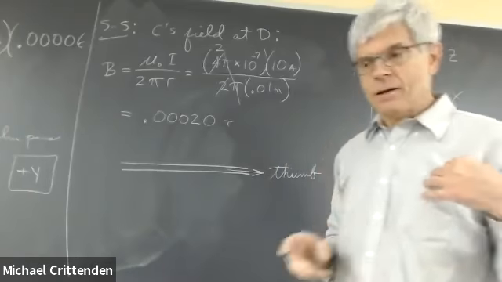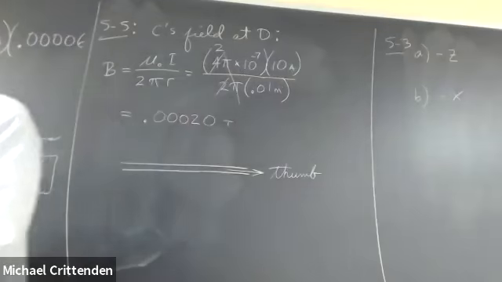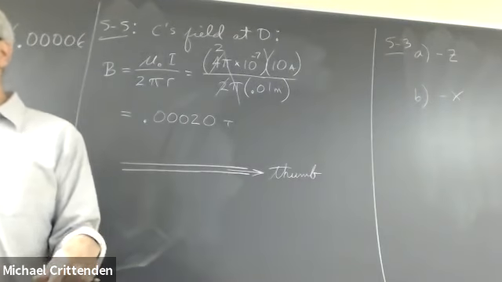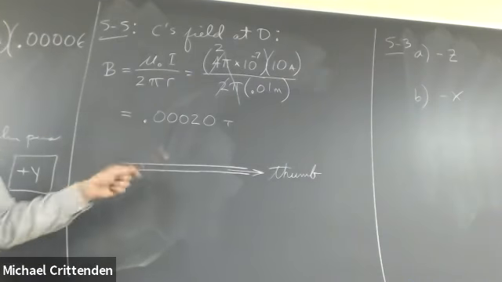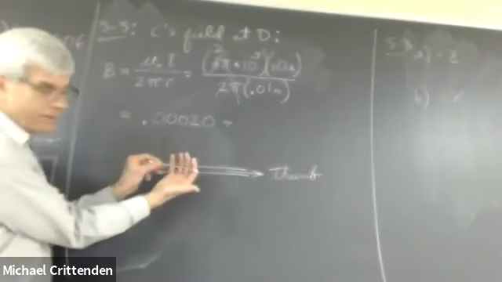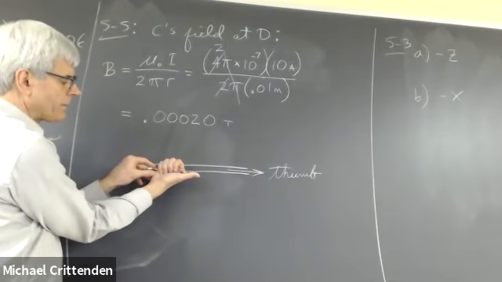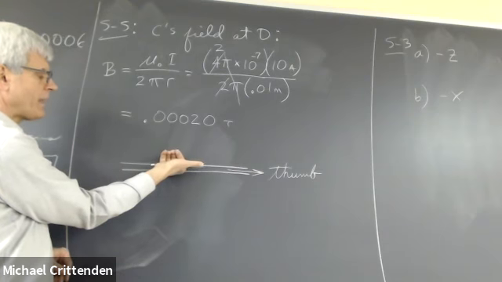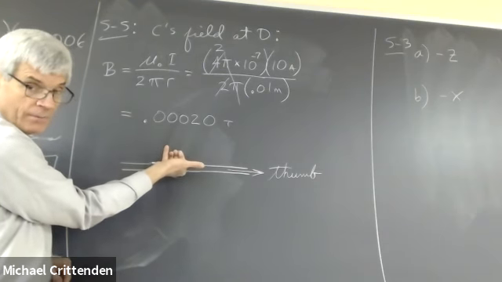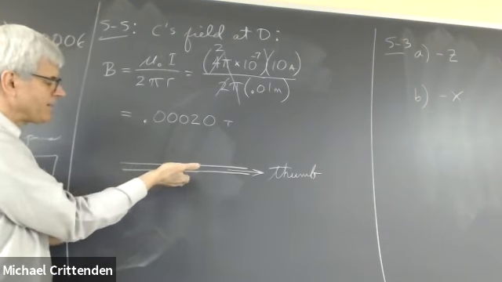Okay, again, there's the right-hand rule for this, and there's the right-hand rule for that, and there's the right-hand rule for the other thing. And the right-hand rule for what we're doing right now is that you grab the wire with your thumb pointing in the direction of the current. Your fingers wrap around that wire pointing in the direction of the magnetic field.